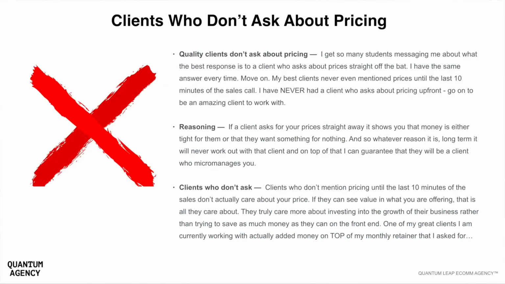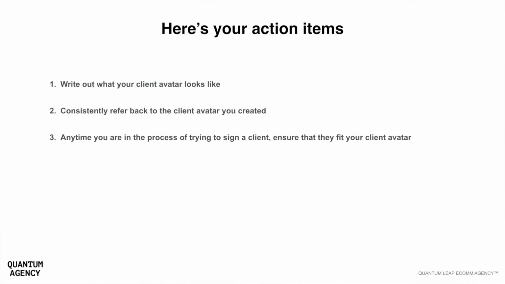That's obviously, as I say, going to help you long term, because you're never going to waste any time with any clients. You know exactly who your client avatar is and who isn't, so you only ever move forward with the clients who suit our client avatar, okay? Now, consistently refer back to that client avatar you created.